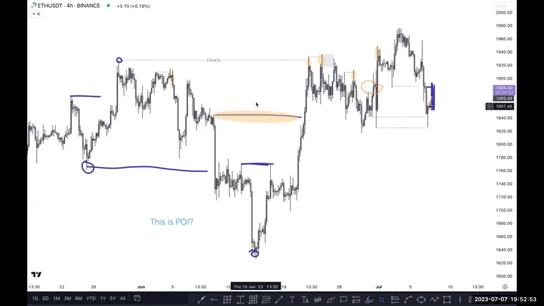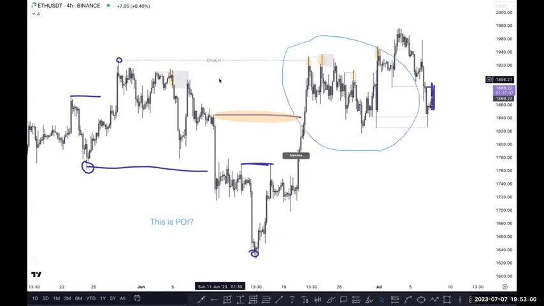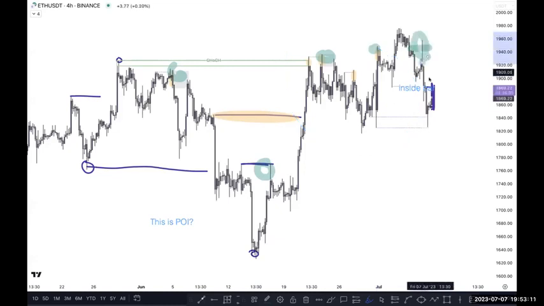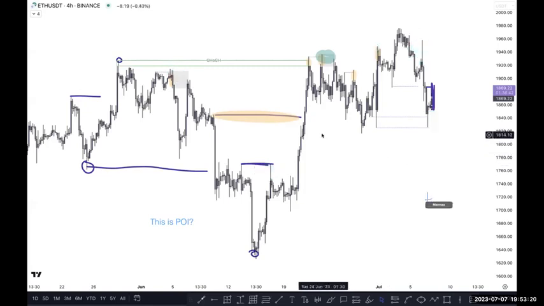This one is a mitigate here, right? Something like this. And there are so many entries here and here, at this point, and also it took out the liquidity here, and here also. There are so many possible entries here for the buy. Okay, so let me bar play this part one by one.